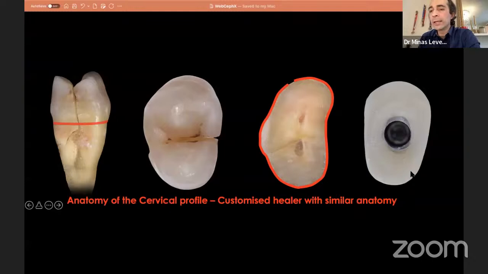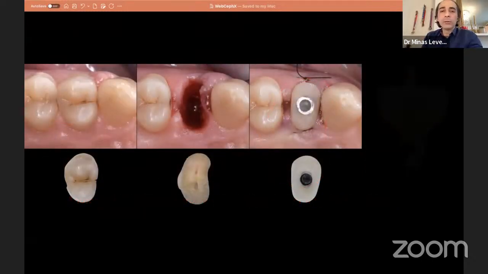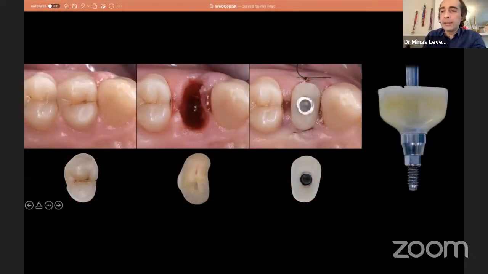So a customized anatomical abutment made from a composite can follow in a very good way the anatomy of the tooth that we just removed. So that's what we are doing. We are fabricating a correct, customized anatomical abutment. We place our implant, we do our grafting, and we fit the abutment.